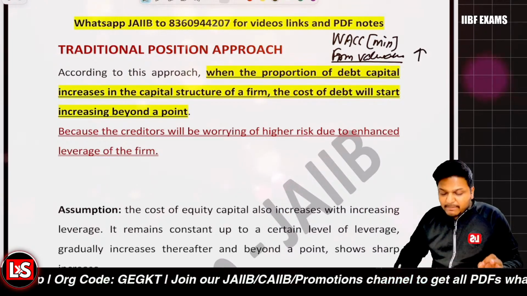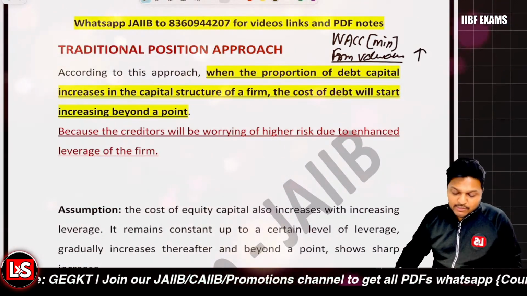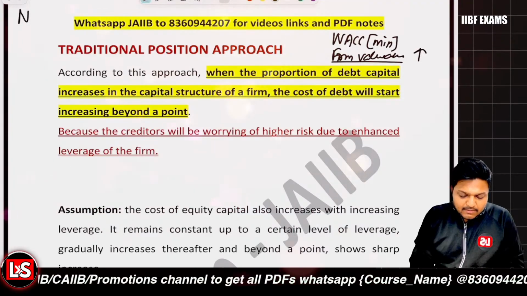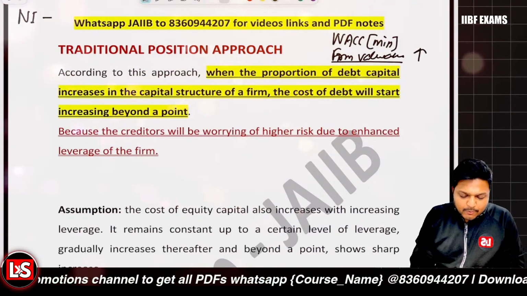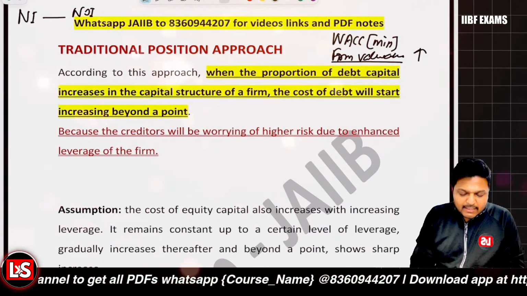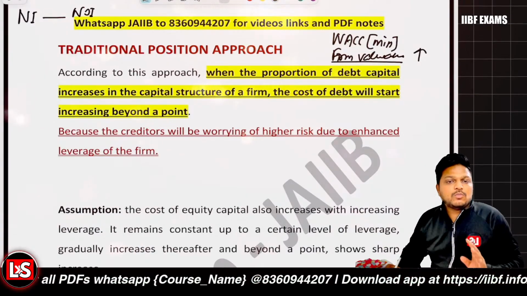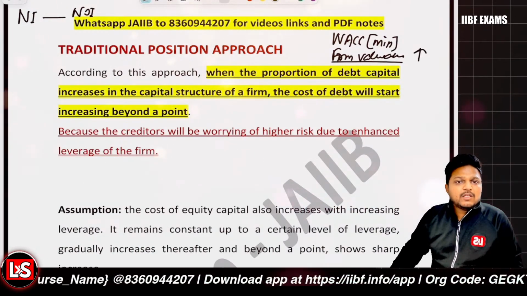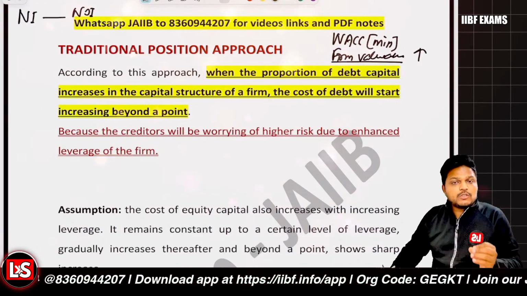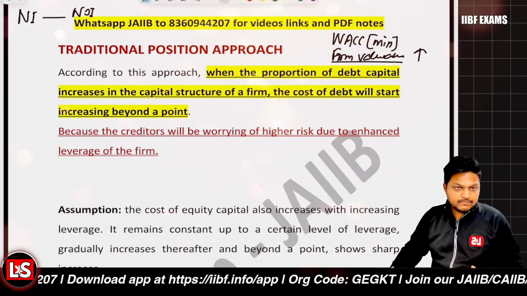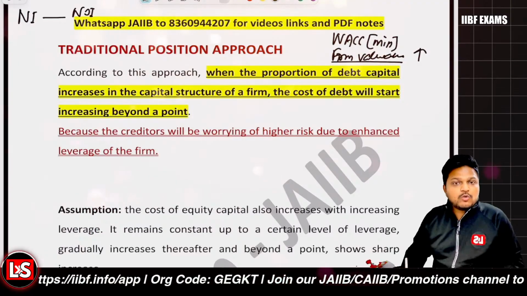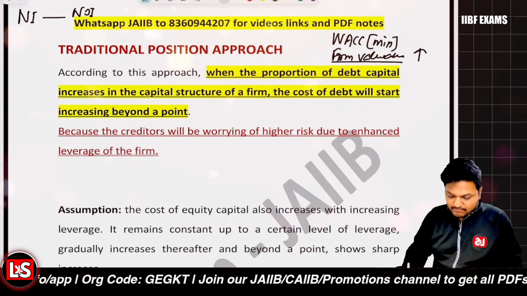So we are going to take a middle position of the NI approach, net income approach, and the net operating income approach. So the middle intermediate version of net income approach and the net operating income approach by David Durand, that we need to take care of. So what's going to happen? If you're going to use debt moderately, it is initially going to reduce the WACC.